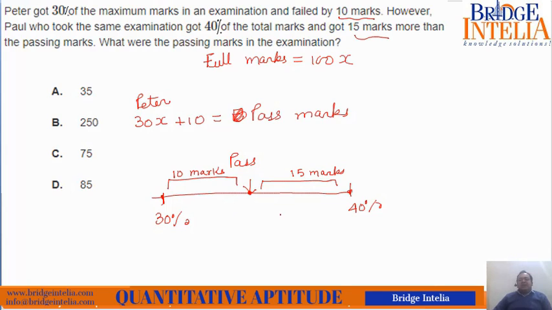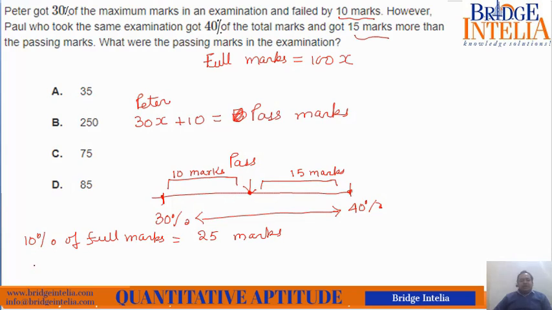So in terms of percentage, you can say that 10% of full marks. Why 10%? Because this gap is 10%. So 10% of full marks should be equal to 10 plus 15, so 25 marks.